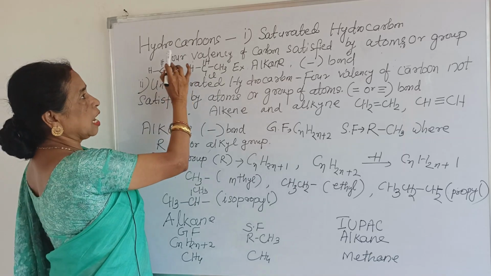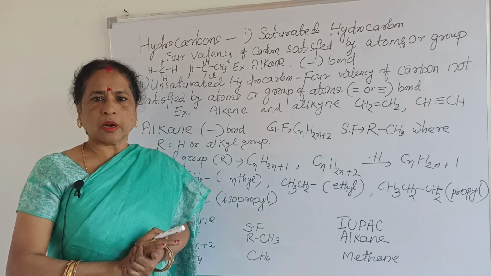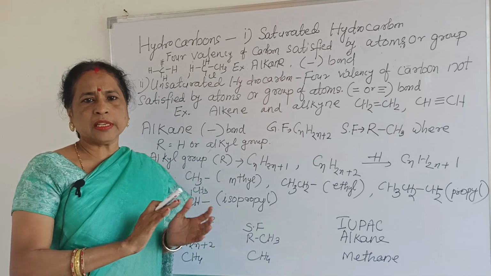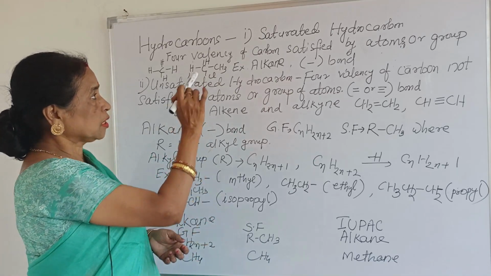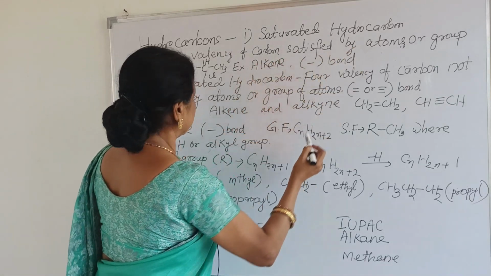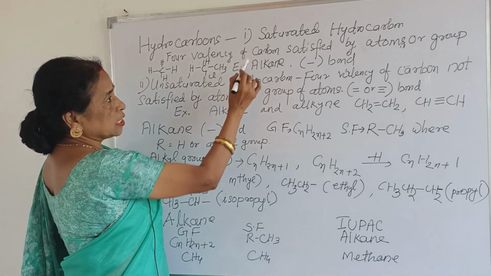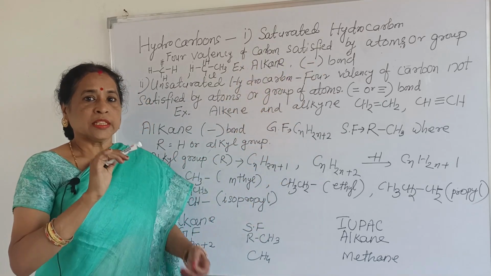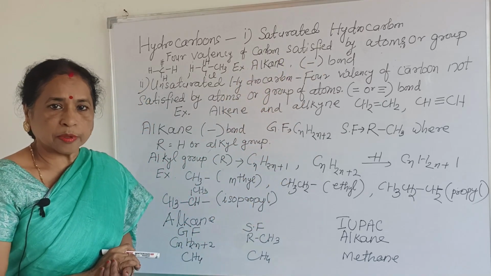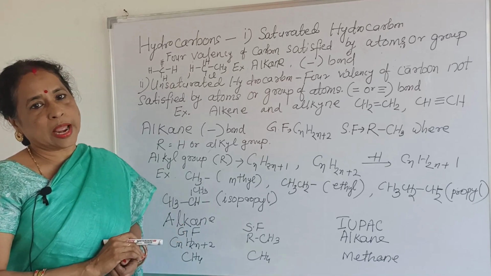Then come to hydrocarbons. What is meant by hydrocarbons? I told already, it means hydrogen and carbons. So there are two types of hydrocarbons. One is saturated hydrocarbon and the other is unsaturated hydrocarbon. Saturated hydrocarbon means the 4 valencies of carbon are satisfied by atoms or groups of atoms.